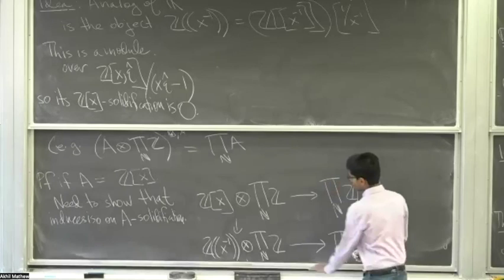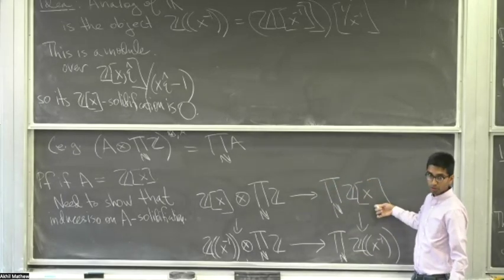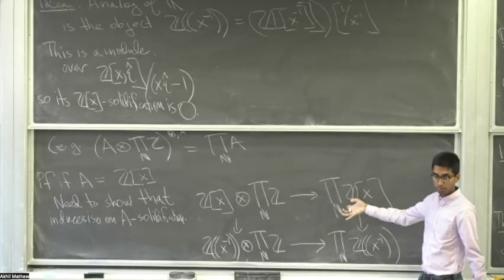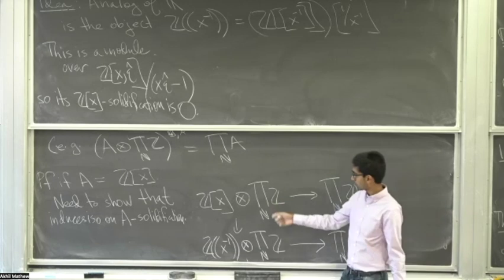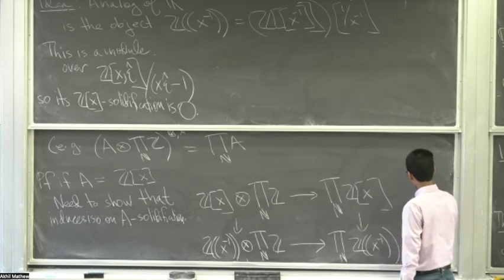The claim is that this square is bicartesian. This was the analog of what happened for Z.